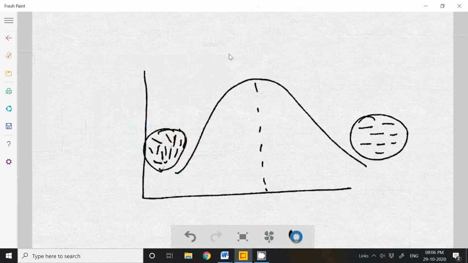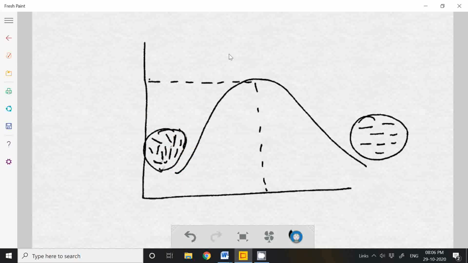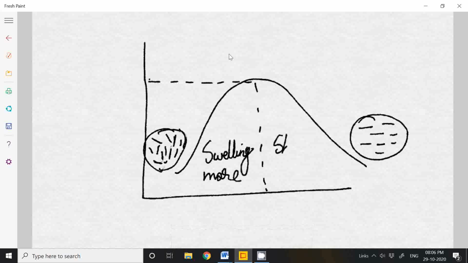Now if I tell about swelling, swelling is more on the dry side. That means on the dry side, if there is water present, the chances of swelling are more. And on the wet side, shrinkage is more.